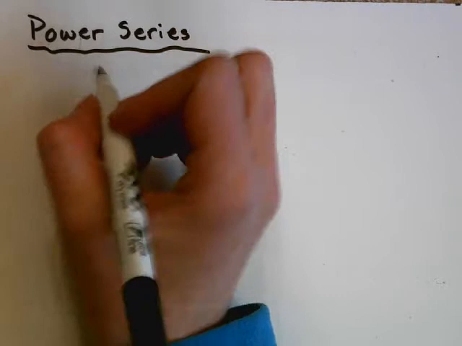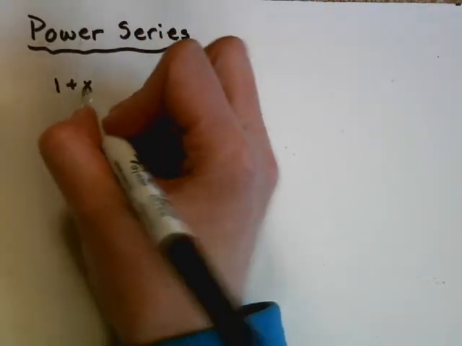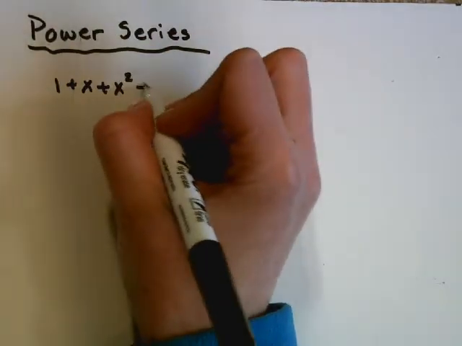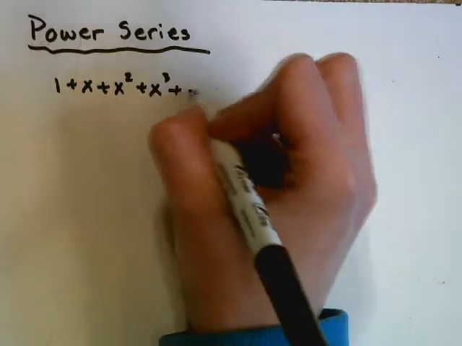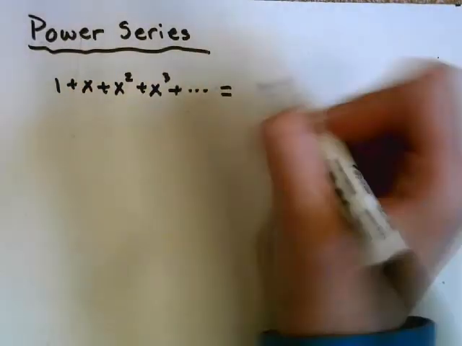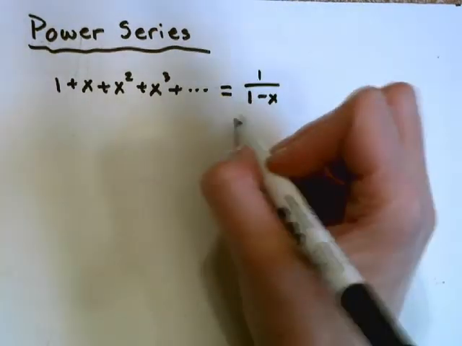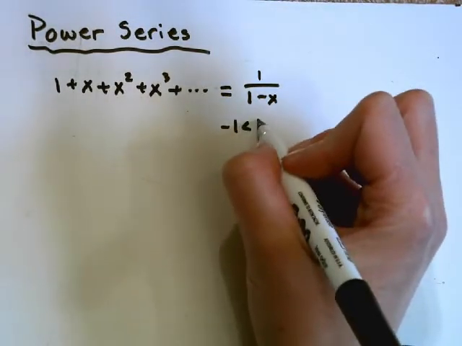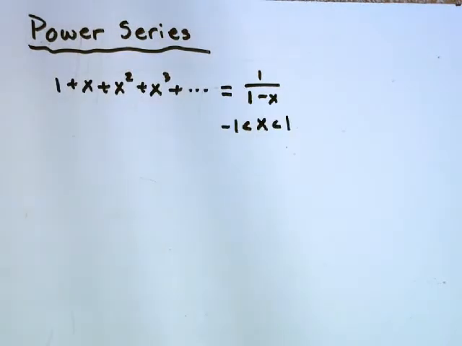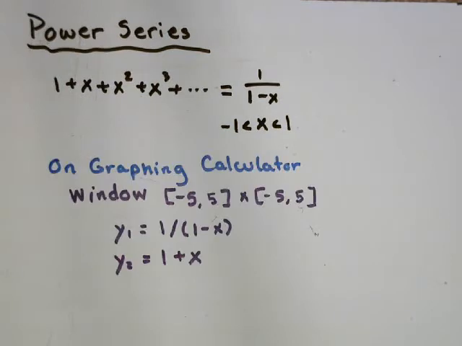What we're trying to say is that if I add 1 plus x plus x squared plus x cubed infinitely, this is 1 over 1 minus x, as long as my x is between -1 and 1. So we're going to investigate this on the calculator.